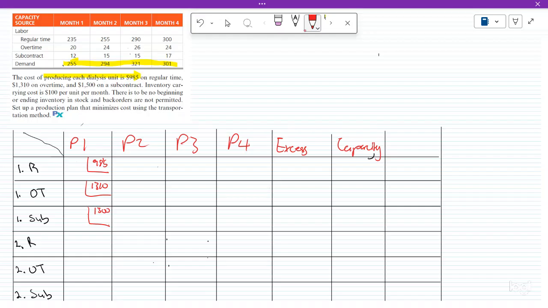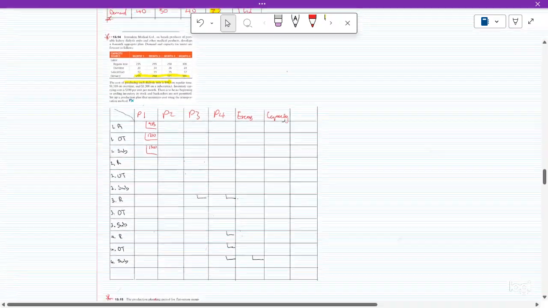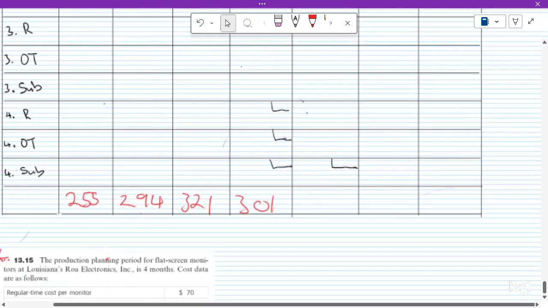So we need to also look at the demand. I need to zoom out. Okay, so it's 255, 294, 321, 301. So there's your demand there.